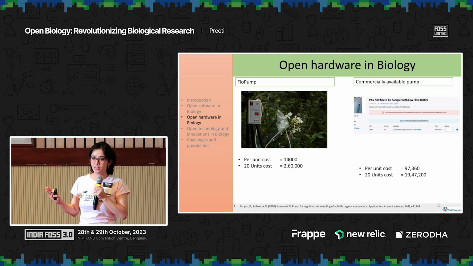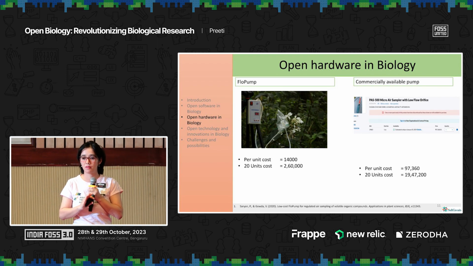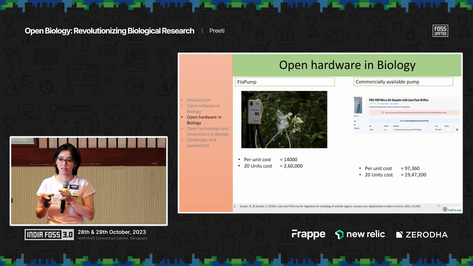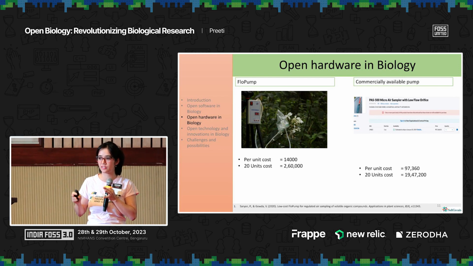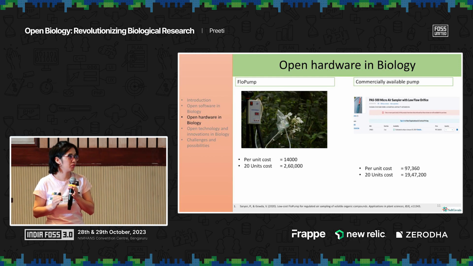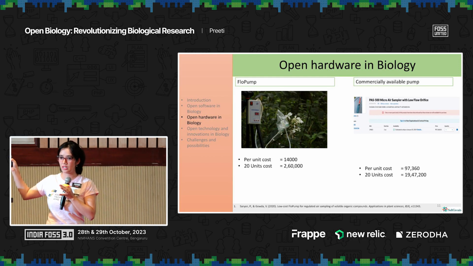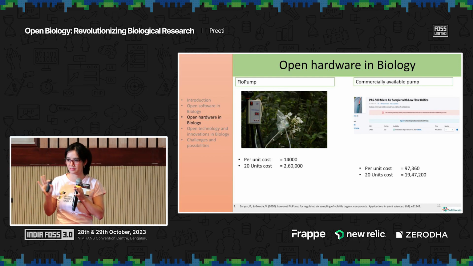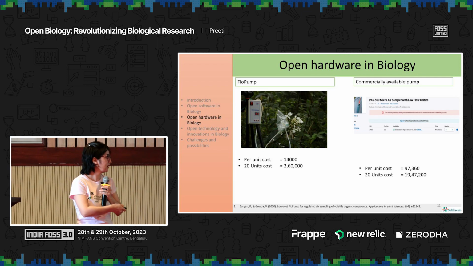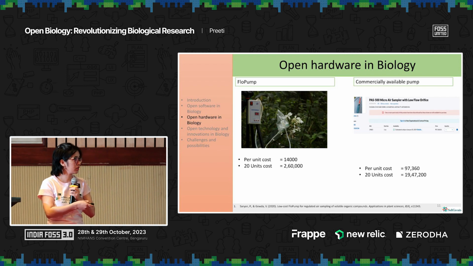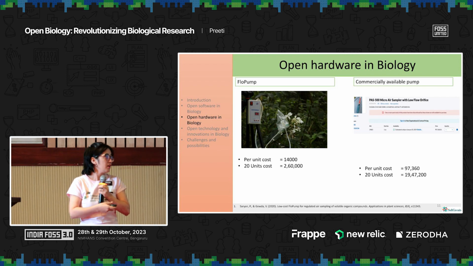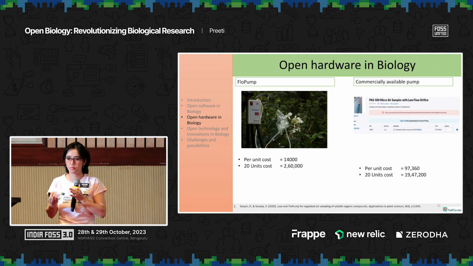And in ecology and evolution, generally, a grant of more than 10 lakhs is a very big deal. So having 40 lakhs just for a small instrument, which will keep going bad because you are out there in the rains, is impossible to imagine. So we built this flow pump where each unit costs 14,000, and so 40 units would cost me just 5 lakhs.